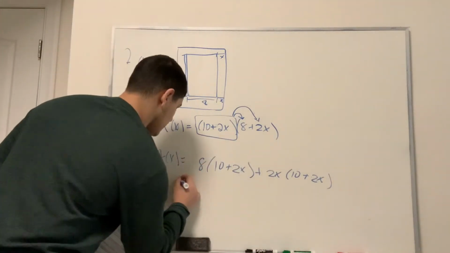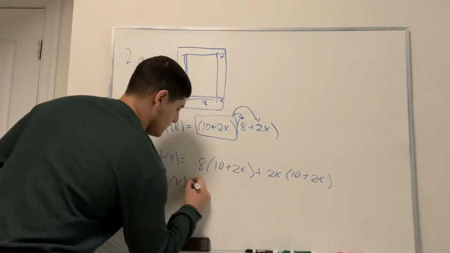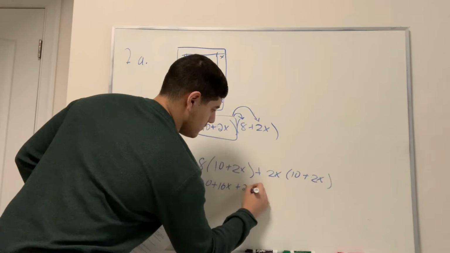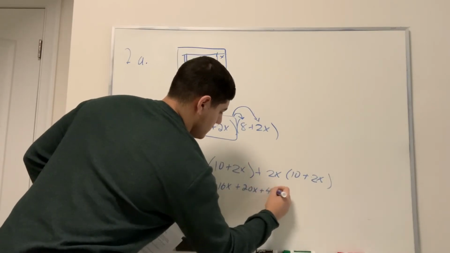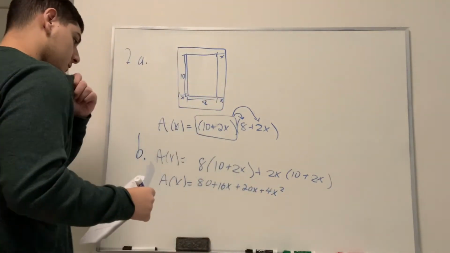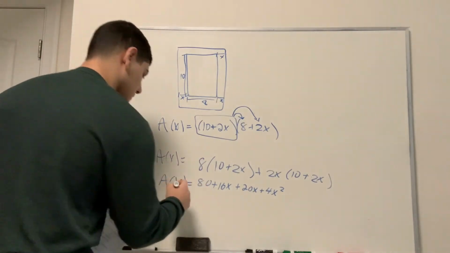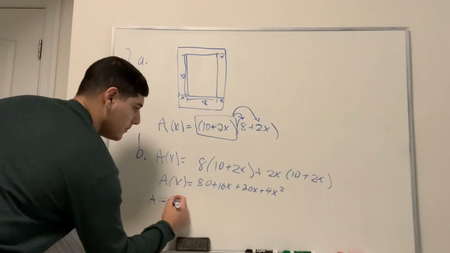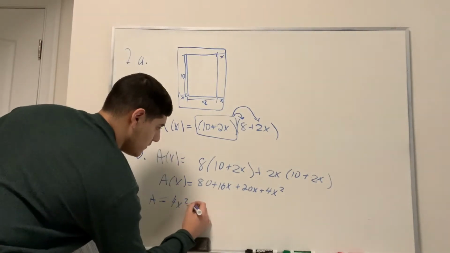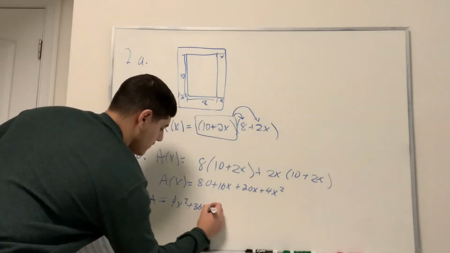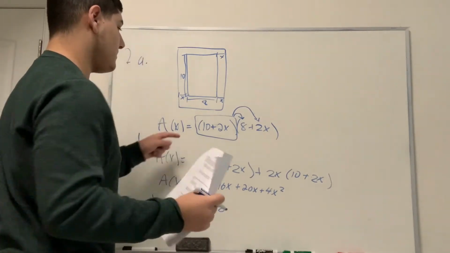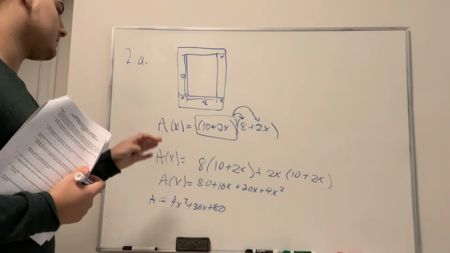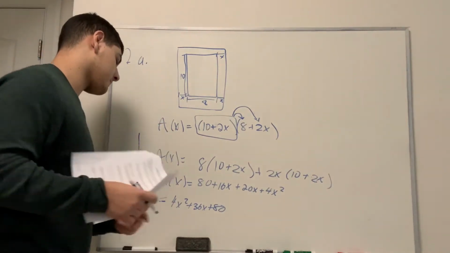And if you don't believe me, this is equal to, and that's the same thing if you use FOIL: 80 plus 20x plus 16x plus 4x squared.